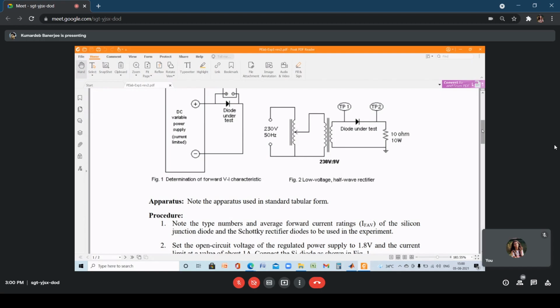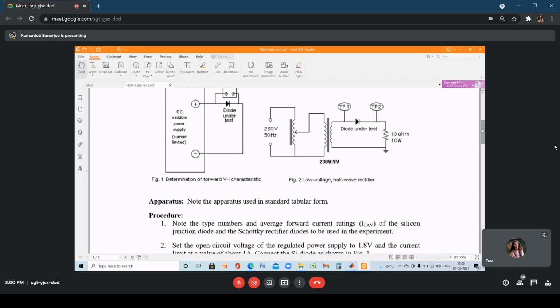So this error is squared and they're added up. So we have E1 square, E2 square, E3 square, E4 square. What does this 1, 2, 3, 4 mean? 1, 2, 3, 4 mean these are the current values at which we have taken the data or the reading.